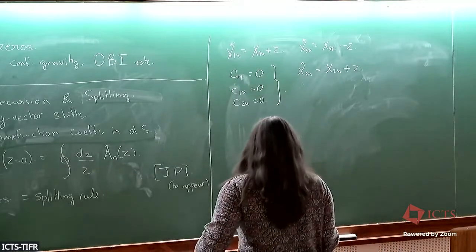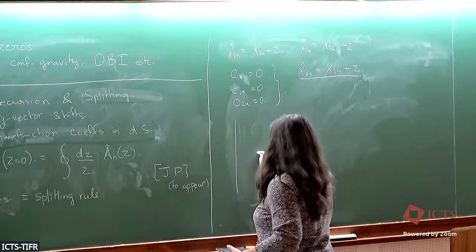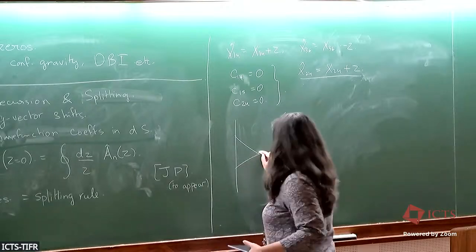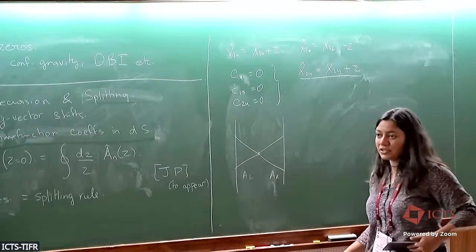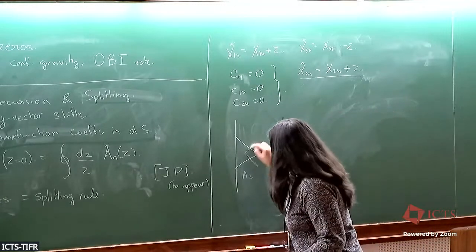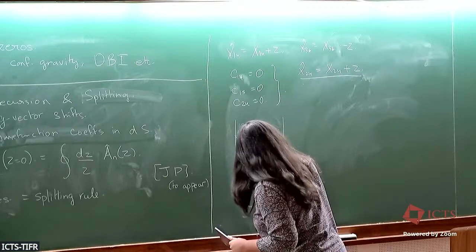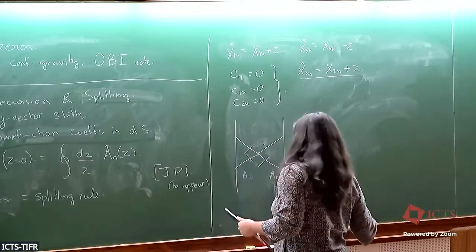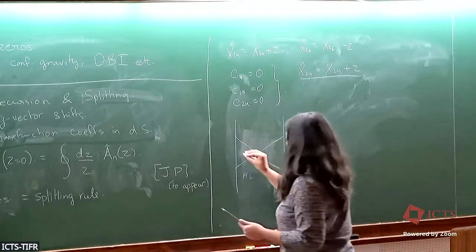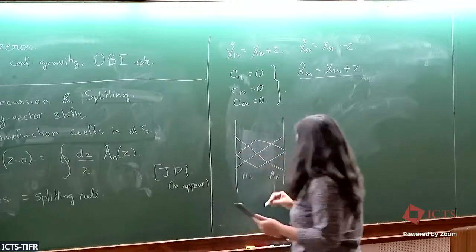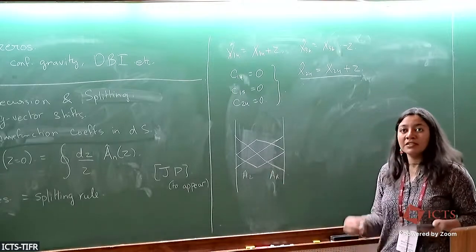Once I do this, I need to figure out what is the residue on this pole. And it turns out, so we saw that when there is a pole, my mesh splits into two triangles in this way, which would be my A_L times A_R type pole factorization. And it turns out that the zero overlaps A_L and A_R precisely in a way that it is a zero of the individual subamplitudes. This always happens.